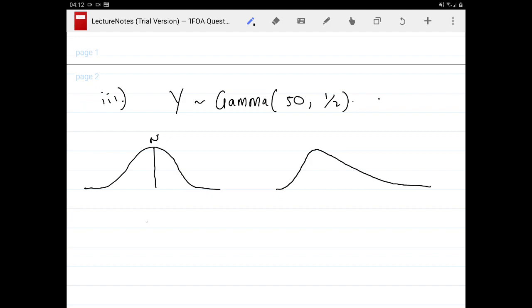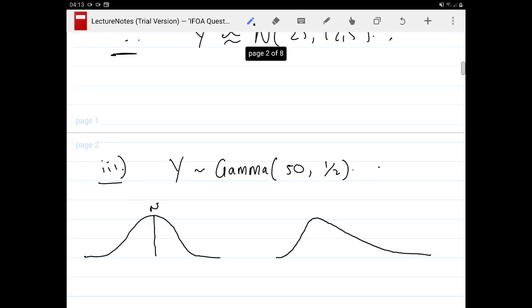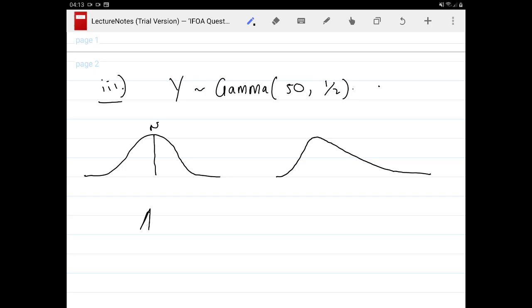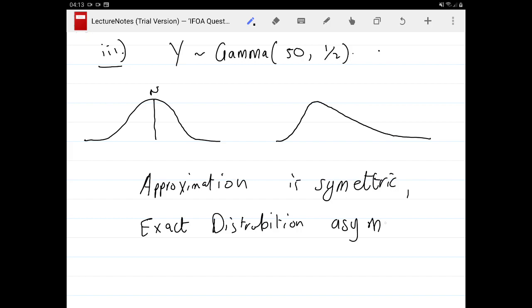What the answers to 3 and 2 are implying is that our approximation, the normal distribution, is symmetric, whereas our exact distribution is asymmetric.